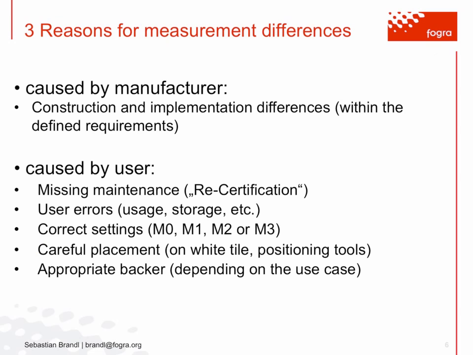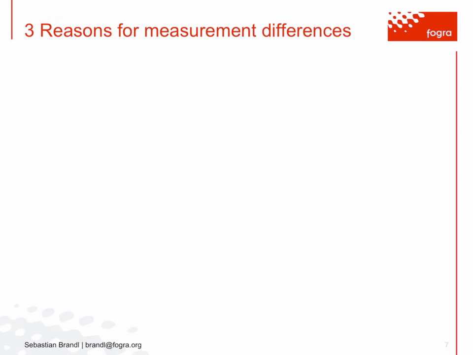There are user errors by bad usage: it falls down, or it is carried around or stored not very carefully. Or the user is using incorrect settings, different modes for different applications, or different backers, white backers instead of black backers, or even uses a fluorescent paper which appears white but is not a conforming white backer.